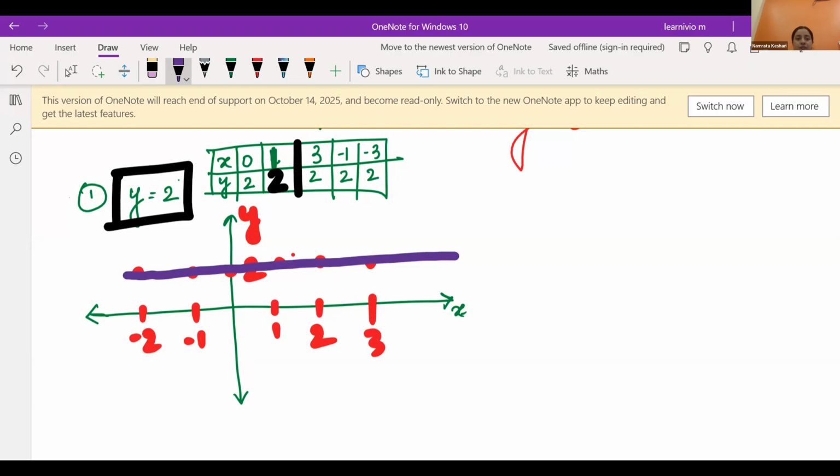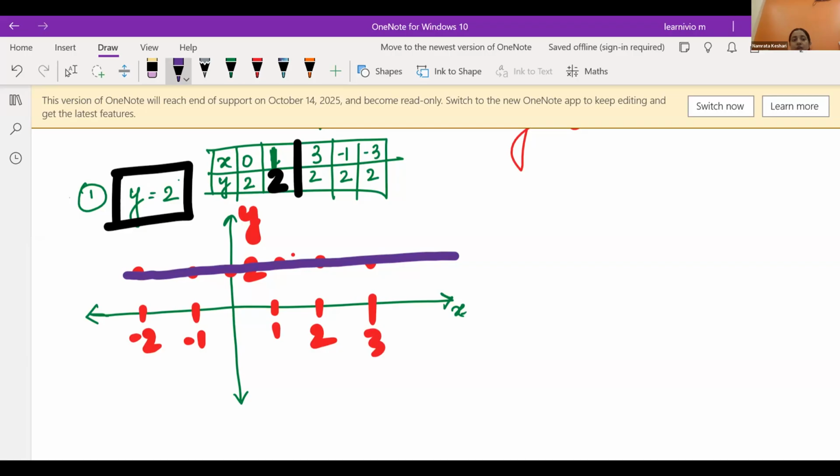Yes, ma'am. When we have the equation y equals 2 and we are trying to plot the graph, we need to understand that from now onward, whenever we have x as 3, x as minus 1, or y as 3, y as minus 2, minus 3, minus 4, we can directly plot the graph. How?